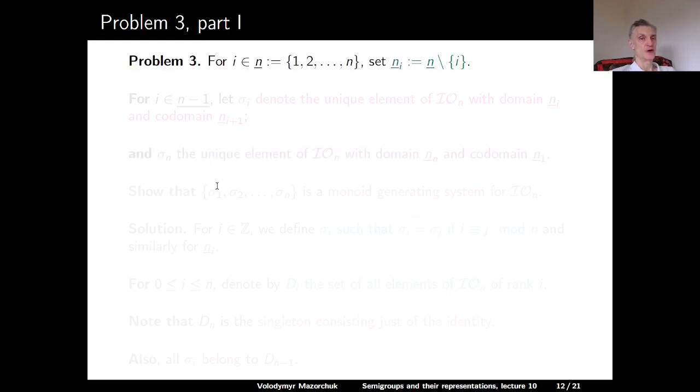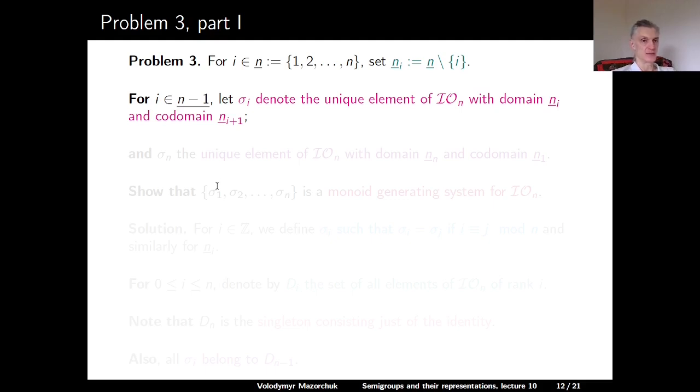Problem 3. For i, an integer between 1 and n, let us set n underlined sub i. We define it as the set n underlined, that's the set of all integers between 1 and n, minus i. So now for an integer i between 1 and n minus 1, let sigma_i denote the unique element of ION, whose domain is n underlined sub i, and whose codomain is n underlined sub i plus 1.